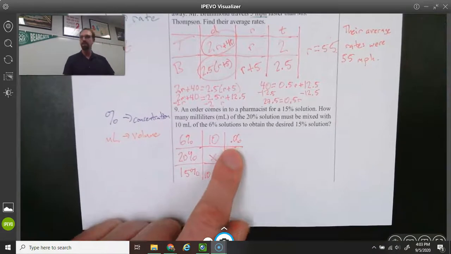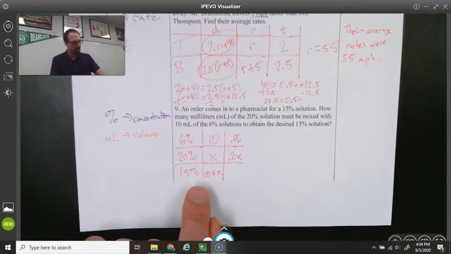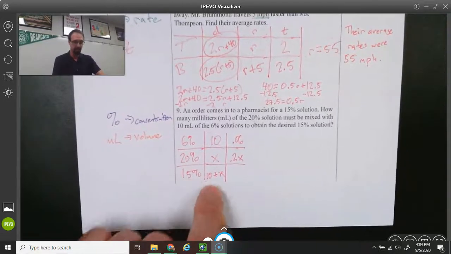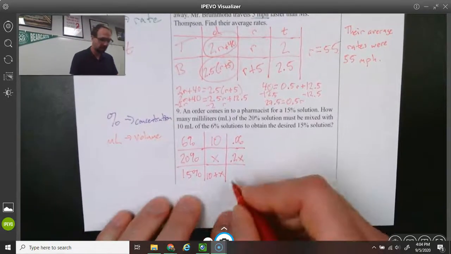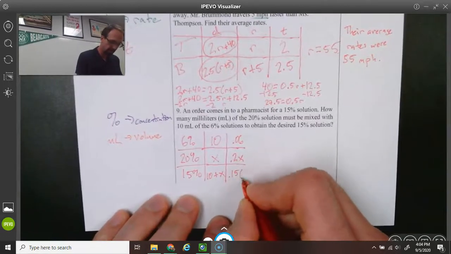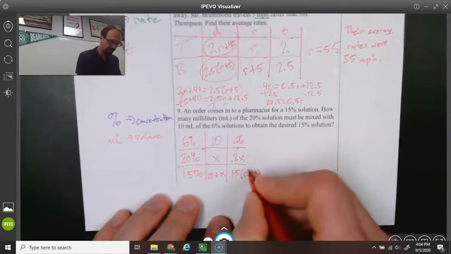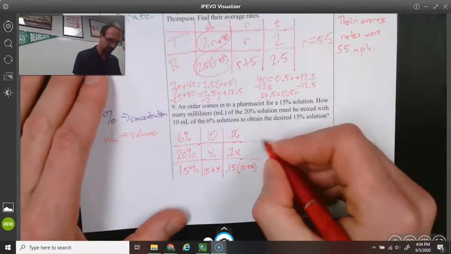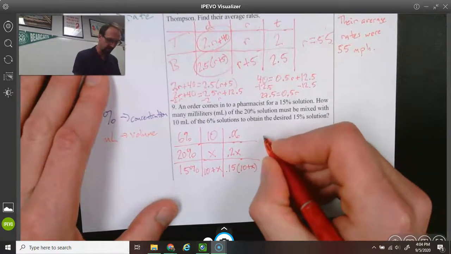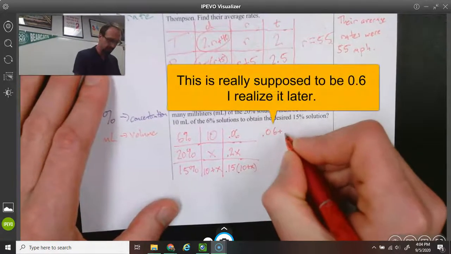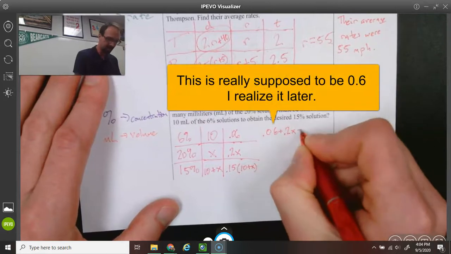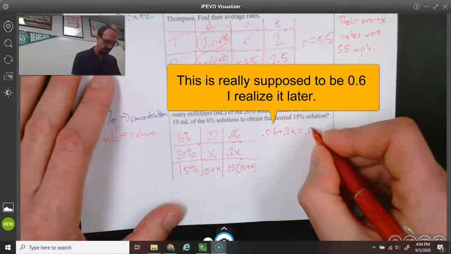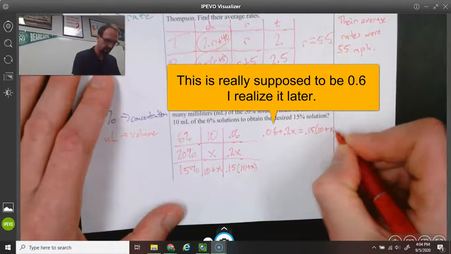These added together give my value for 15% times 10 plus x, or 0.15 times parentheses 10 plus x. So 0.06 plus 0.2x, I can set equal to the 0.15 and the 10 plus x.